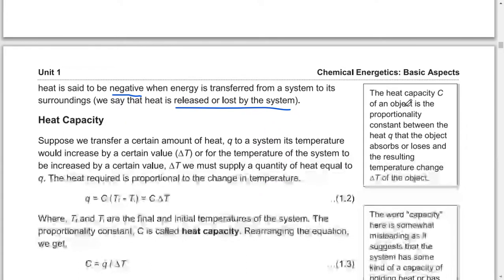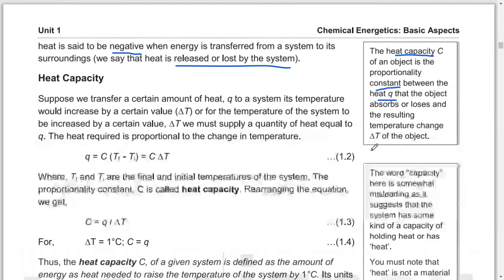The heat capacity C of an object is the proportionality constant between the heat Q that the object absorbs or loses and the resulting temperature change delta T of the object.